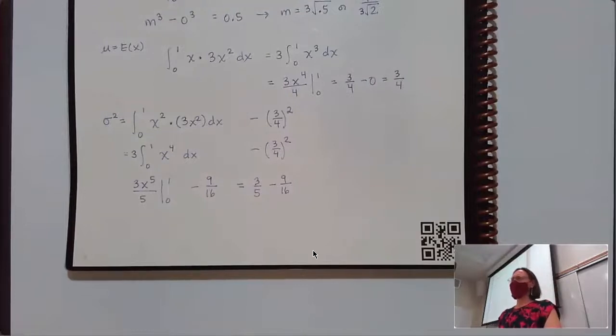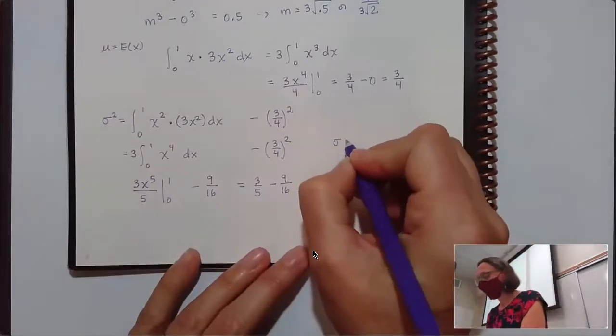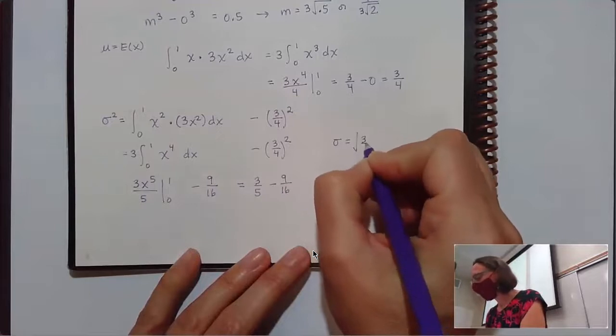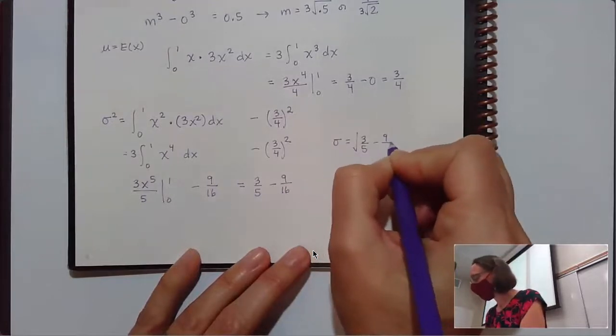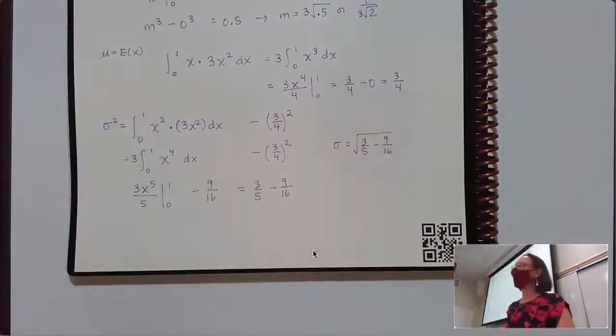I'm probably going to leave it there. But 16 times 5 is 80, so you could get a common denominator, but I probably wouldn't worry about it. I would just leave it there. By the way, if we were asked for the standard deviation, I would just give it as the square root of ugly. And walk away.